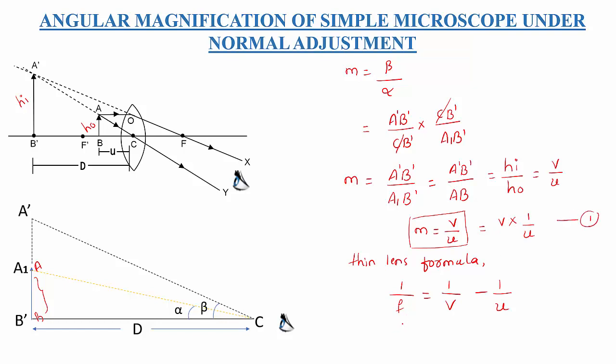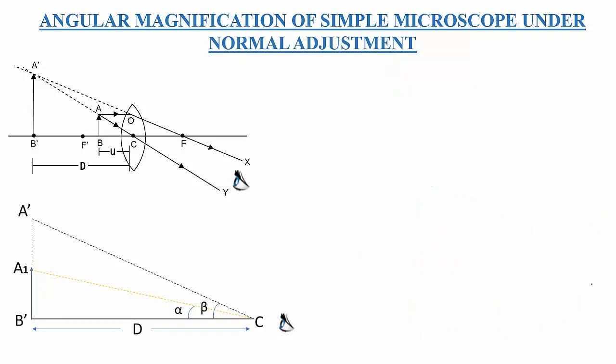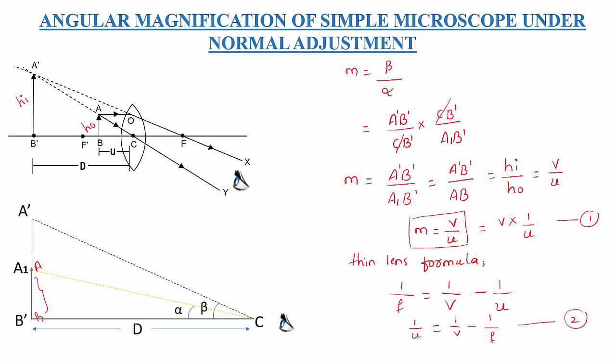Now this equation can be written as 1 by U on the LHS equal to 1 by V minus 1 by F. Let us take it as equation number 2. Right? Now, here I am going to consider M equal to V into 1 by U. In place of 1 by U, I can write equation 2.